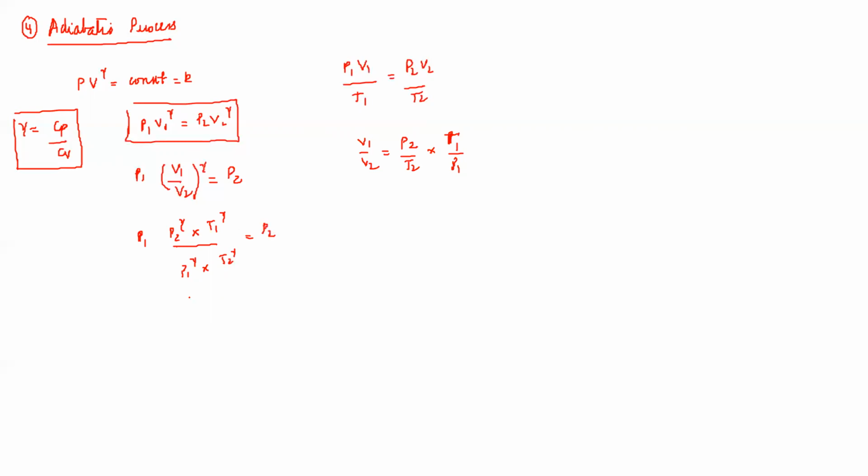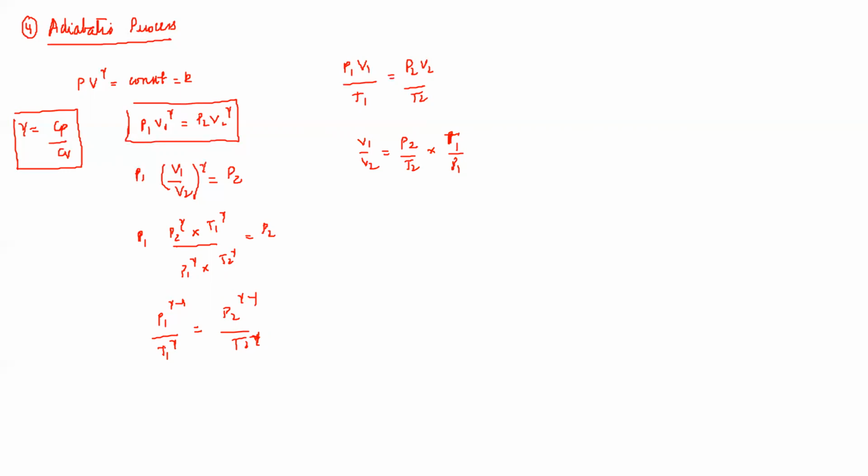upon P1 to the power gamma into T2 to the power gamma is equal to P2. So when you simplify, you'll get P1 to the power gamma minus 1 upon T1 to the power gamma is equal to P2 to the power gamma minus 1 upon T2 to the power gamma.